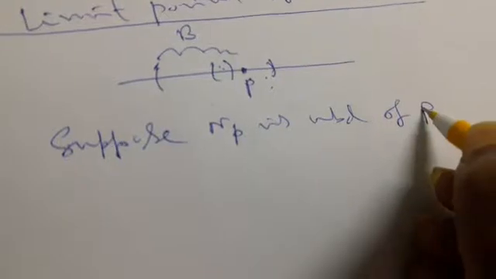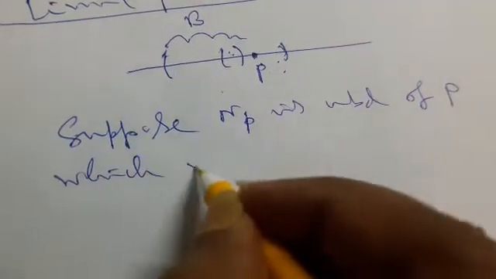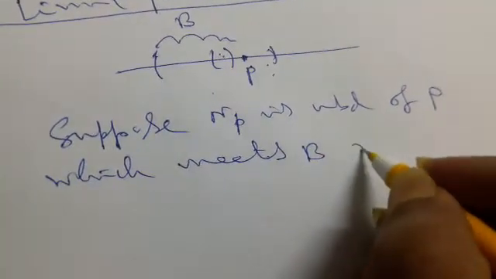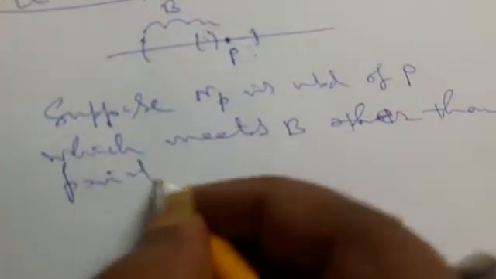N(P) is a neighborhood of P, which meets B other than point P, this point. What happens there?